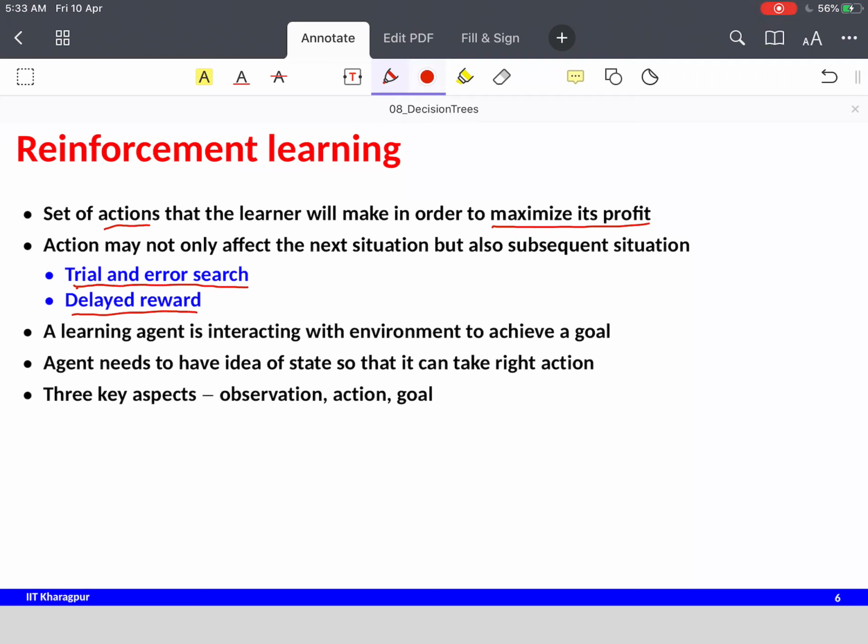Typically reinforcement learning is used for control applications, or mostly in gaming applications, where I make moves and then I get to observe whether I win or I lose. So the reward for a game, or the outcome of a control application, will be known at the end of the episode, whether I made good moves or not. The agent will play a number of times, and based on the outcome of the different episodes it will gradually learn how to interact with the environment, and eventually it should achieve the goal.